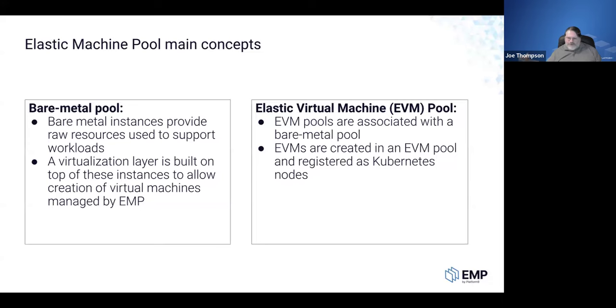Those EVM pools are associated with a bare metal pool. That bare metal pool has a virtualization layer built on top of it. And so what you have is essentially a virtualization cluster built on cloud bare metal, and these elastic VMs are being provisioned out of that hypervisor cluster, and those get registered to EKS as worker nodes.